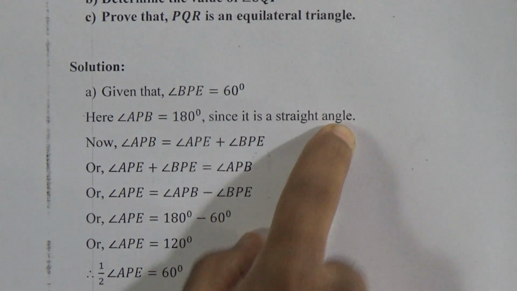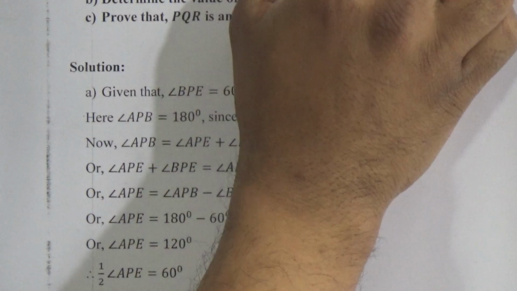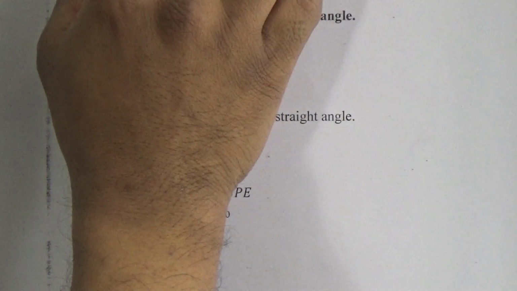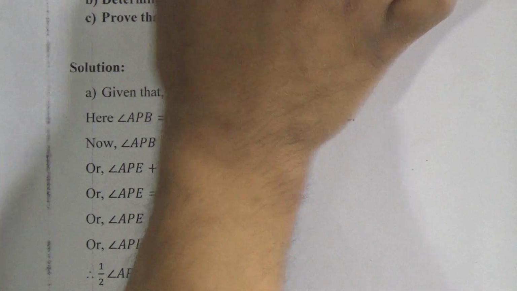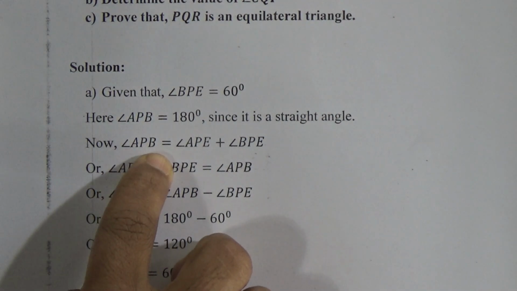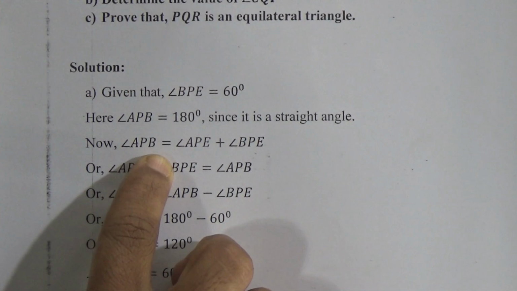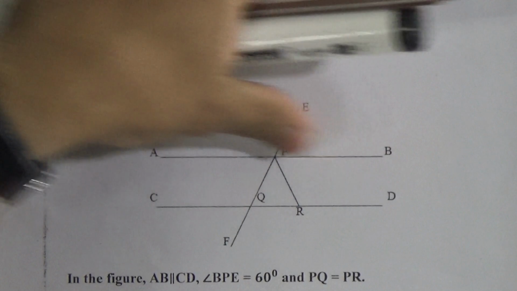Now, my dear students, from the figure we can write that angle APB equals angle APE plus angle BPE.